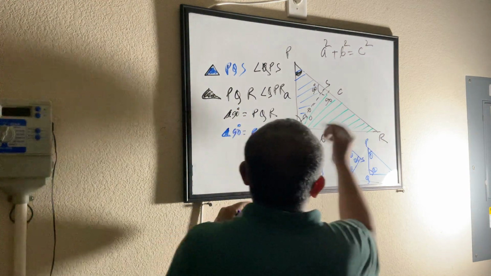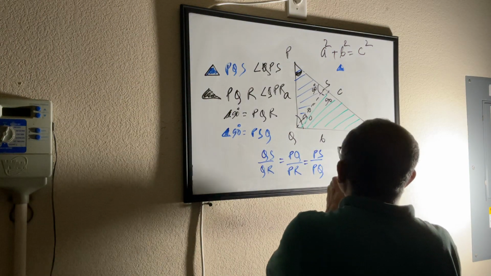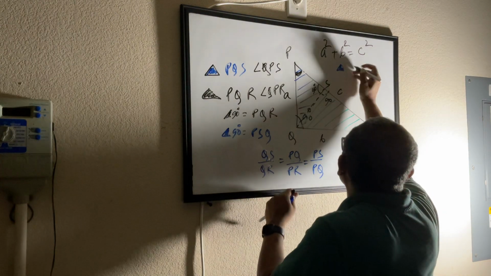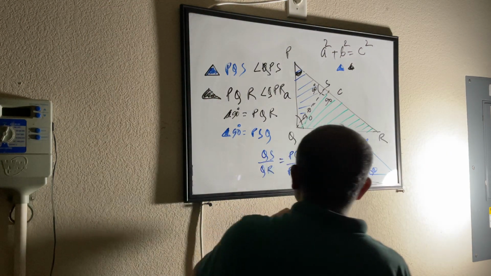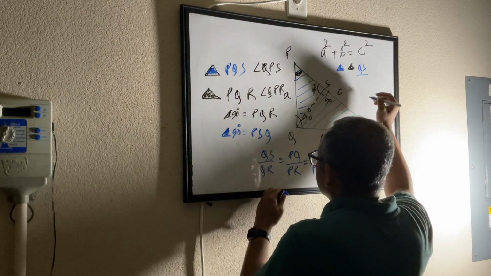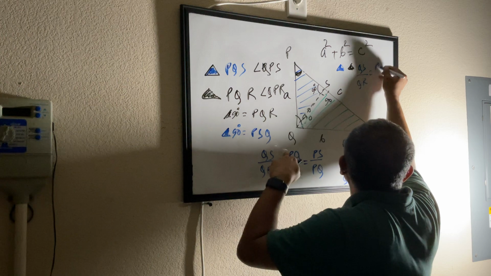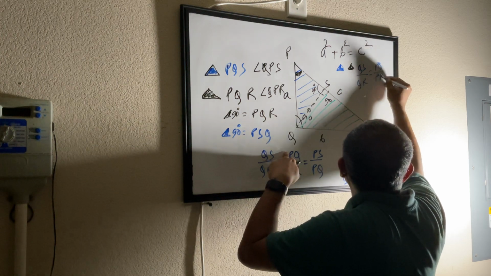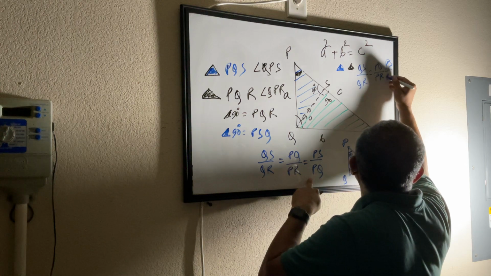So from this blue triangle and the black triangle combination, what did we find? We found this relationship. QS divided by QR equal to PQ by PR equal to PS by PQ. Okay?